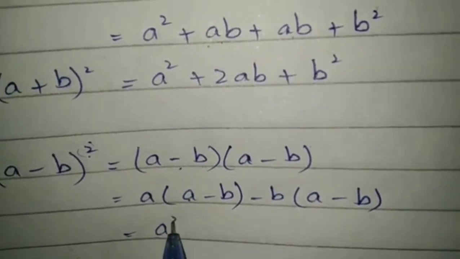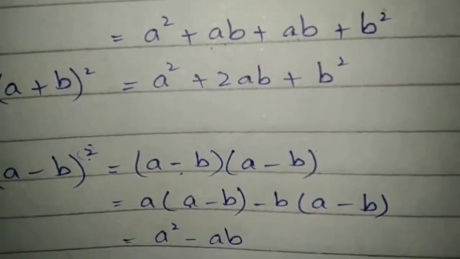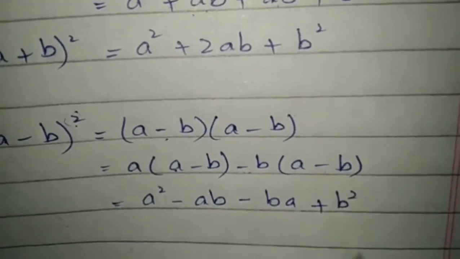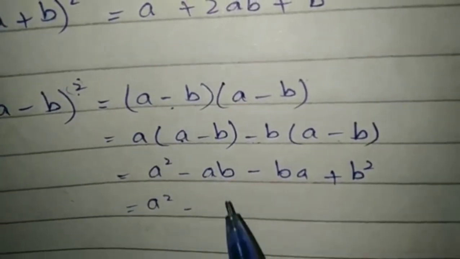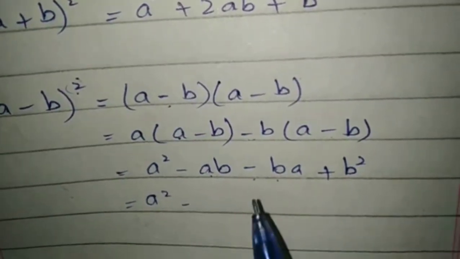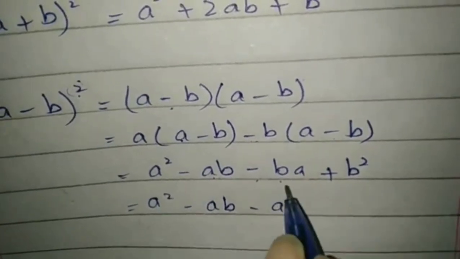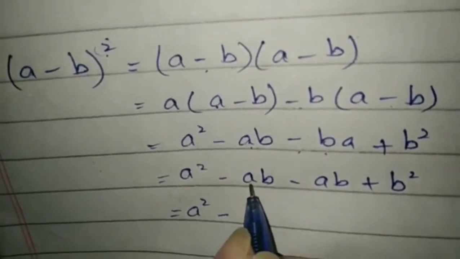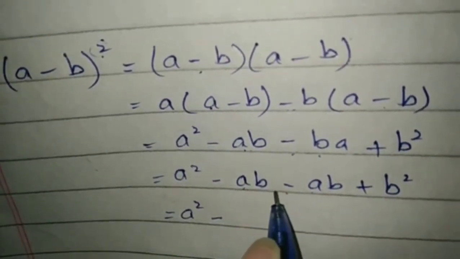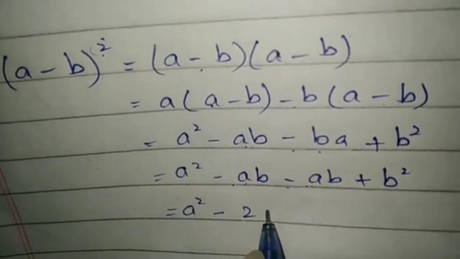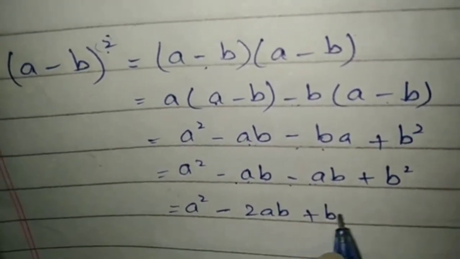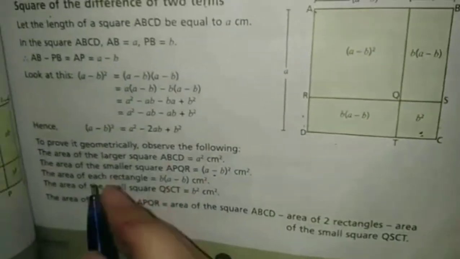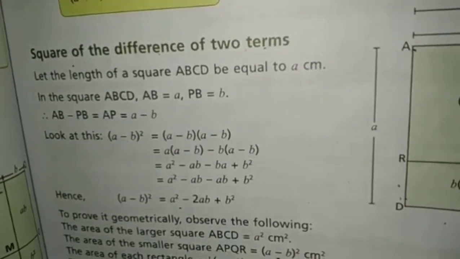A times a is a square, minus ab, minus ba, minus times minus is plus b square. a square minus ab minus ba, and like above, ab and ba are equal, so ba can also be written as ab, plus b square. a square minus ab minus ab, so 1ab plus 1ab will be 2ab and the sign will be negative, plus b square. So it is proved that (a minus b) whole square is equal to a square minus 2ab plus b square.